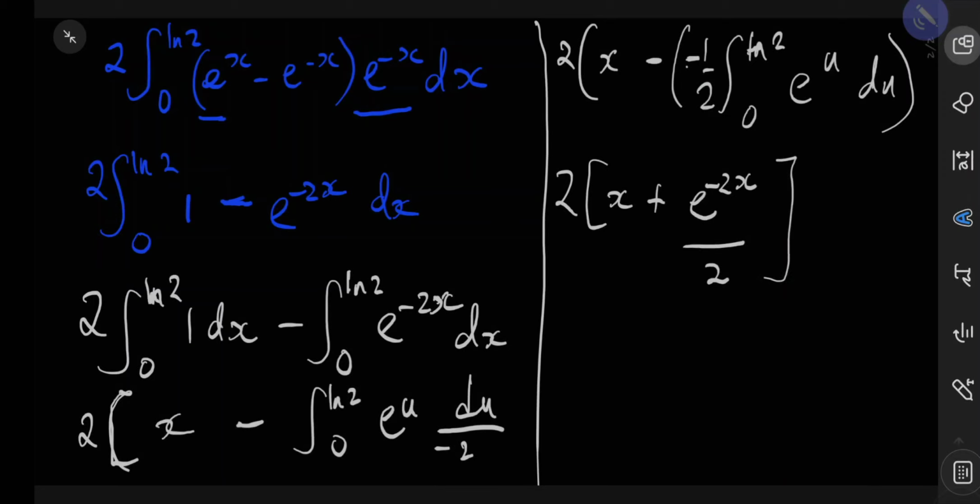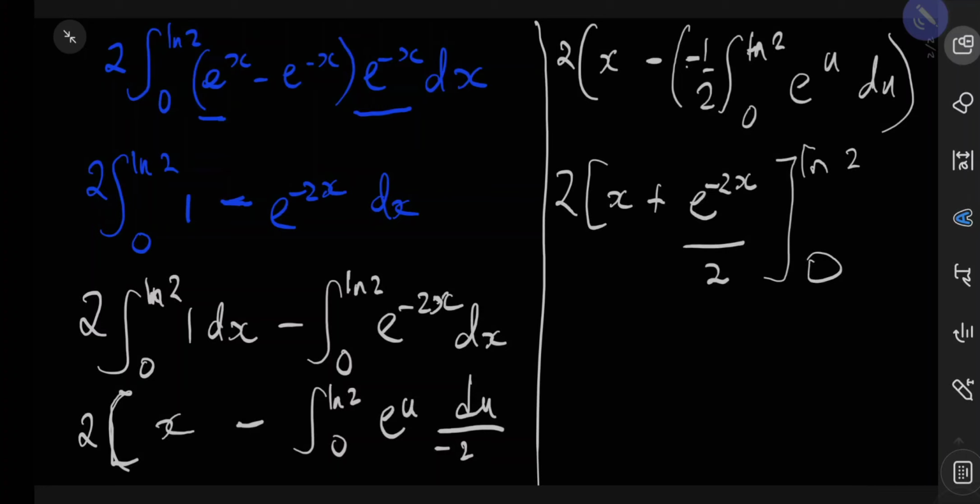Usually if we wanted to perform the integration generally, we would have a plus c, where c is the constant of integration. But because this is a definite integral we are doing here, we do not really need to put the c, the constant. So here we would have an upper bound and a lower bound.